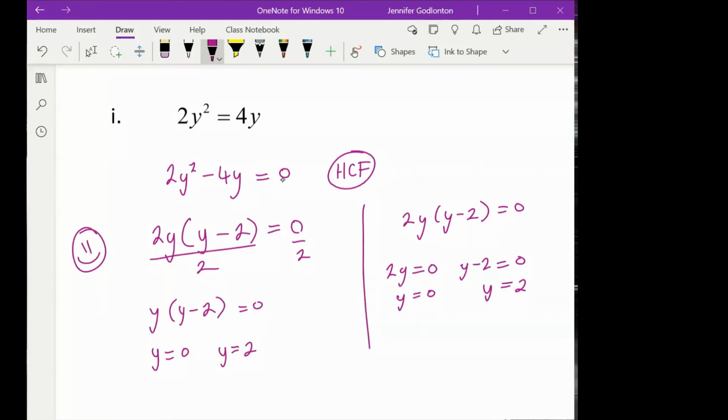Nokubonga, how can I help? Ma'am, I did the method in a different way, but I got the same answers. Okay, can you tell me what you did? I put the 4 behind the equal sign and it became a negative 4y, but then my highest common factor was y. I didn't take out the 2y, I just took out the y.